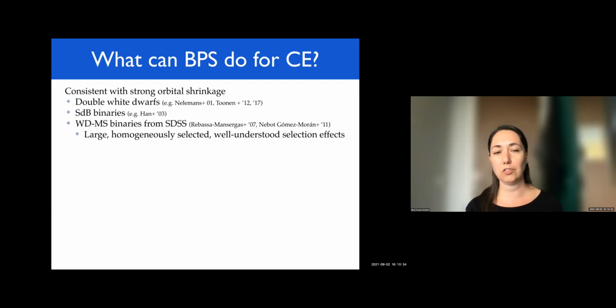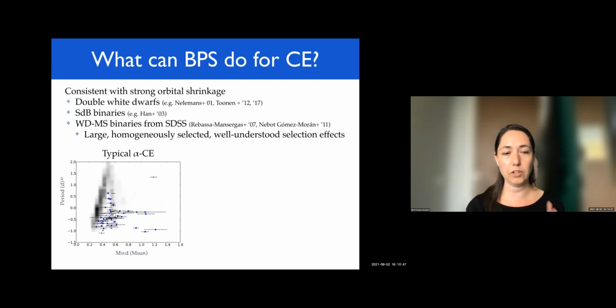And I think this just shows very beautifully what the power is of a large homogeneously selected sample where we understand the selection effects very well. So these white dwarf main sequence binaries, if you look at the periods, these points here are the observed points, then we do not observe many sources with periods larger than 5 days.